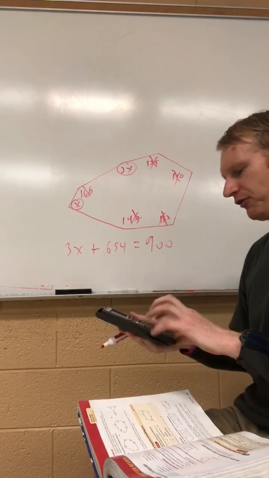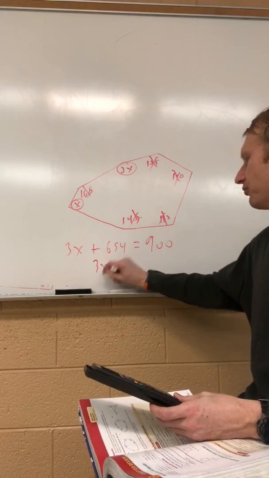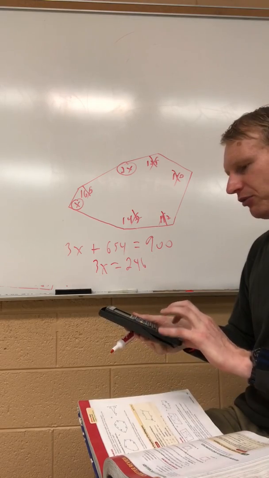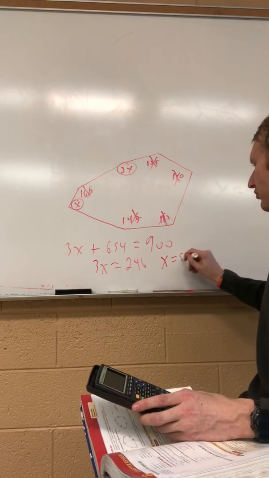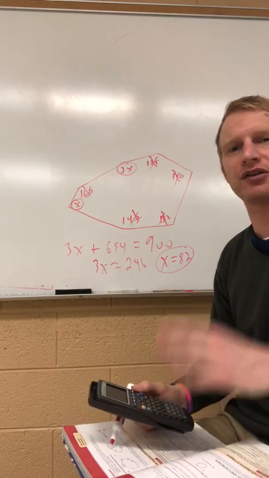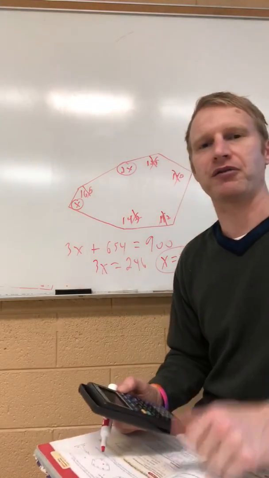Then subtract 654 from both sides, and you get 246. So 3x equals 246, and then divide both sides by 3, and you get x equals 82. In this case, the problem just asked us to solve for x. That's all we have to do.